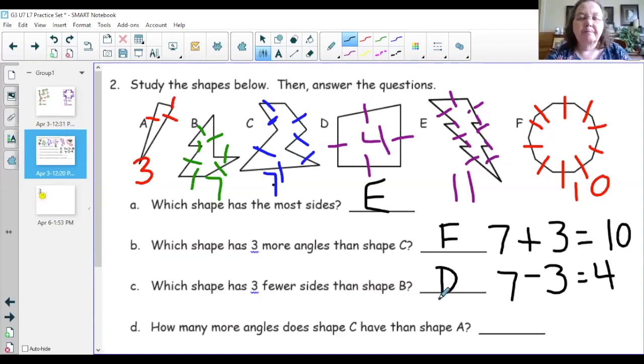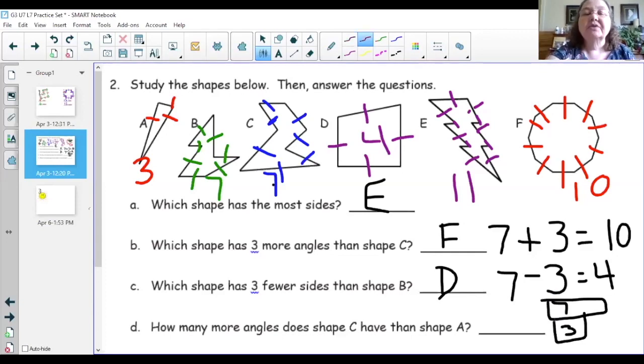Excellent. How many more angles does shape C have than shape A? So I know that C has 7, and I might want to draw my tape diagram. And I know that A has 3, and I'm comparing them.